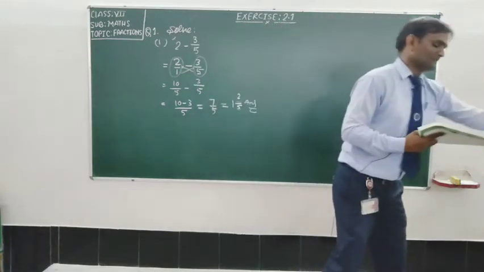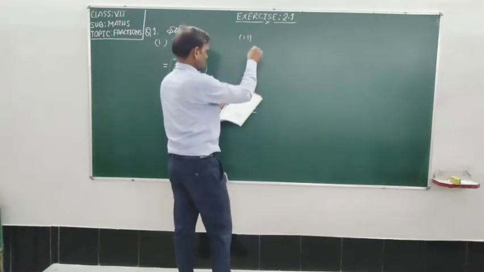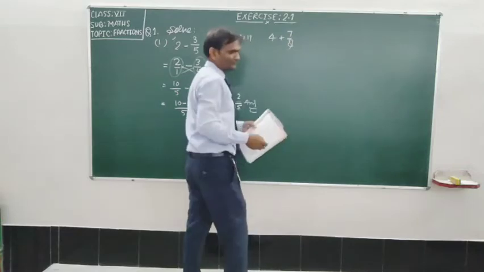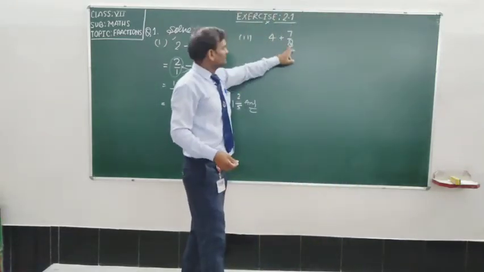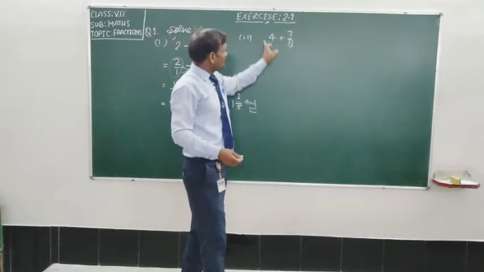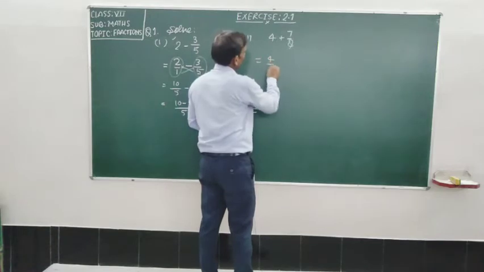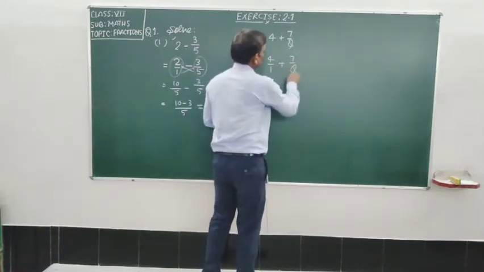This method we apply in addition questions of fractions the same way. I'm taking the second part, that is 4 plus 7 upon 8. Look here. Firstly, student, this is a whole number and this is a fraction. So, firstly, make it a fraction. How, student? 4 upon 1, by writing the 1 as denominator, plus 7 upon 8.